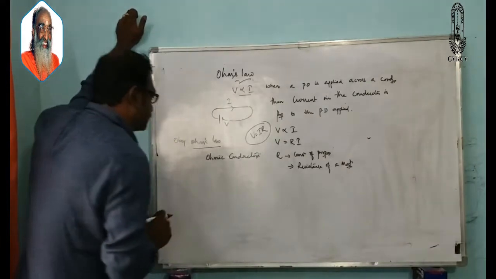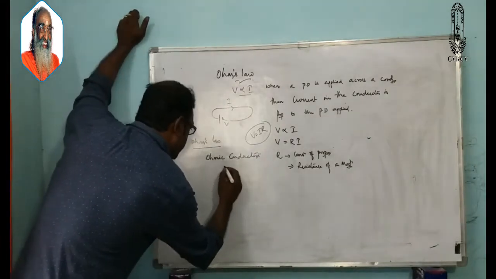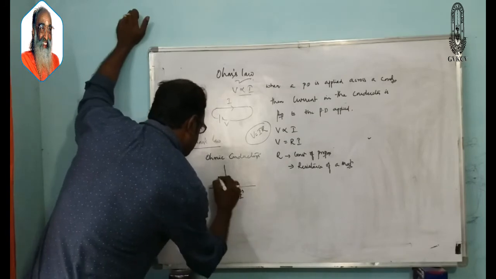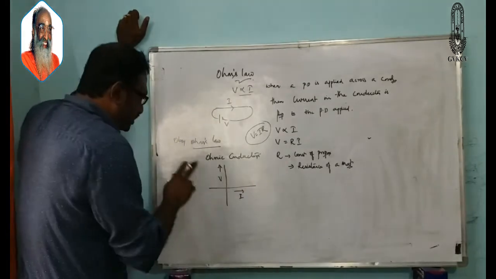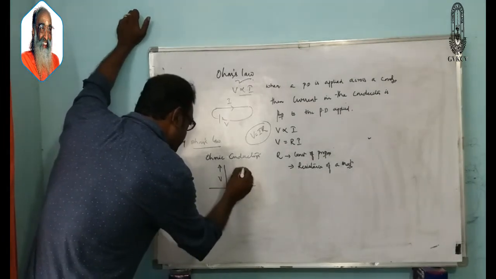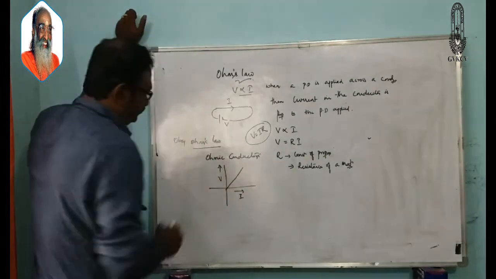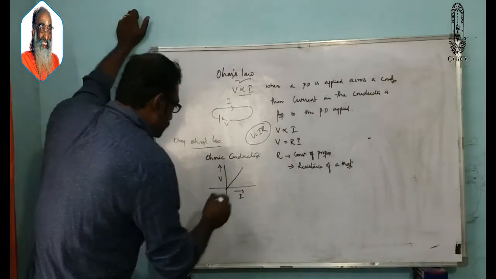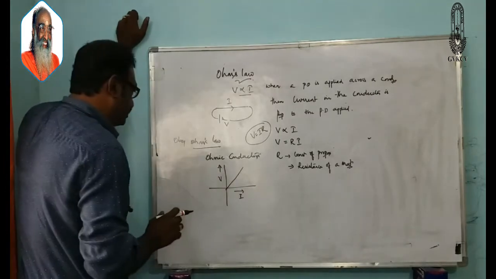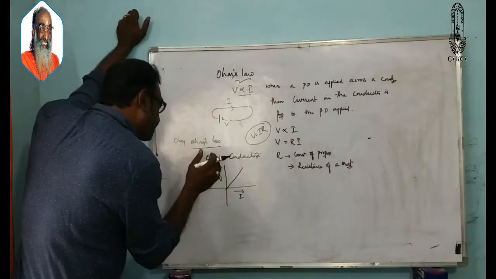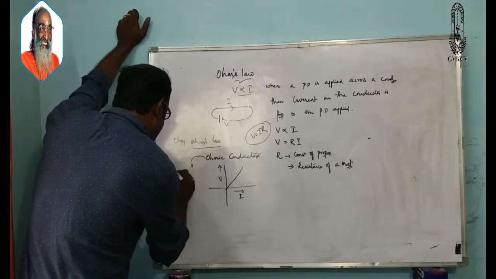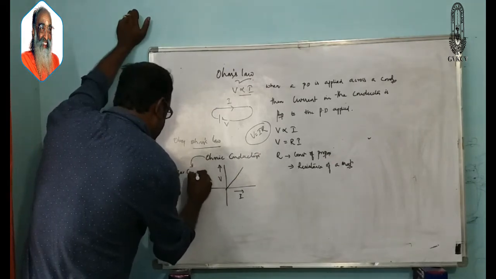For these ohmic conductors, as V is proportional to I, if you draw a graph taking I on the x-axis and V on the y-axis, because they are directly proportional to each other, we get a straight line passing through the origin. So the graph is linear, and we can give another name for ohmic conductors, otherwise called linear conductors.